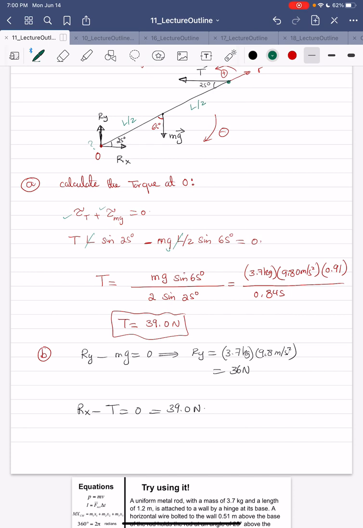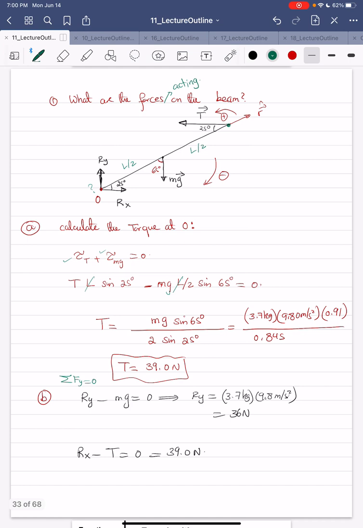Now, for the second part, they are asking about Ry and Rx. I can simply say here, sigma Fy should equal 0. The only forces acting vertically are Ry and mg. Then, maybe I want to write here my Y and my X. This is my positive.